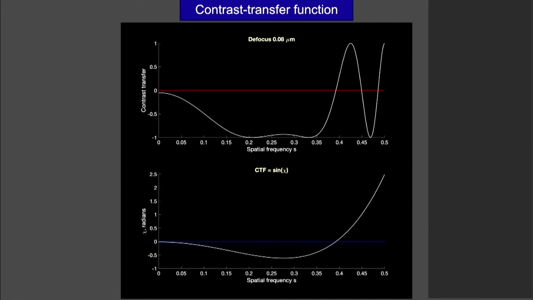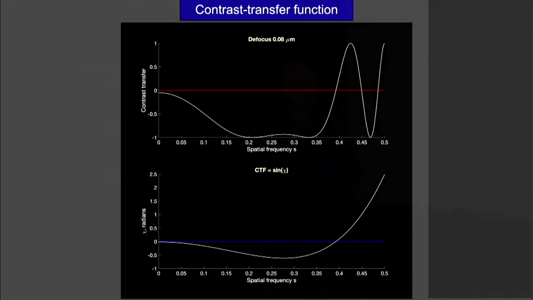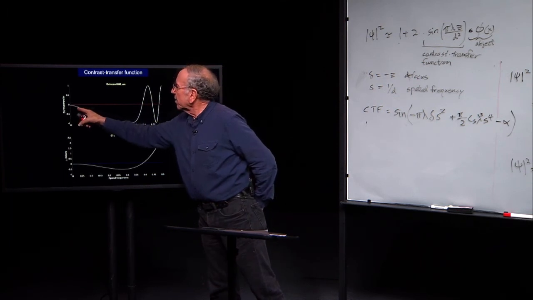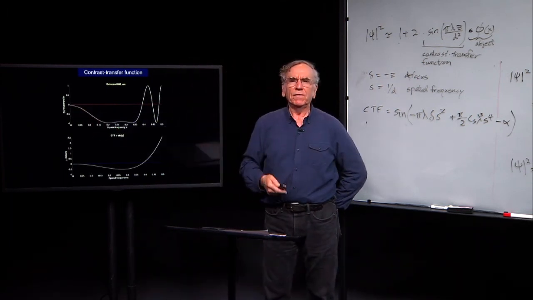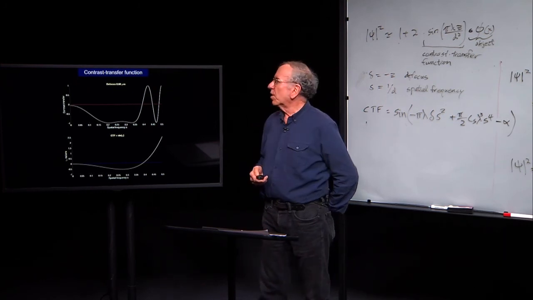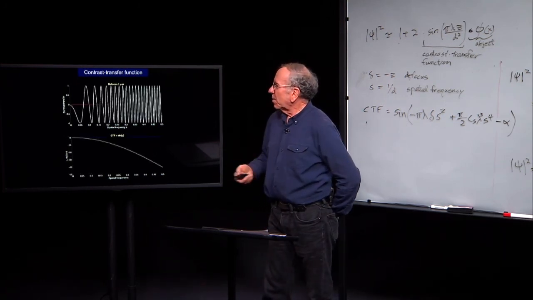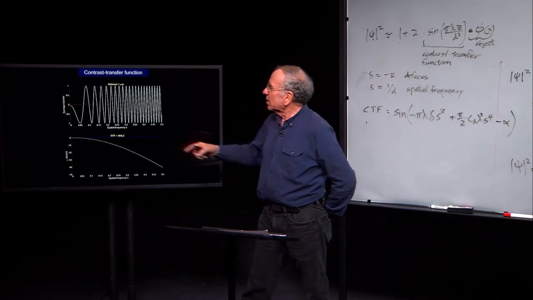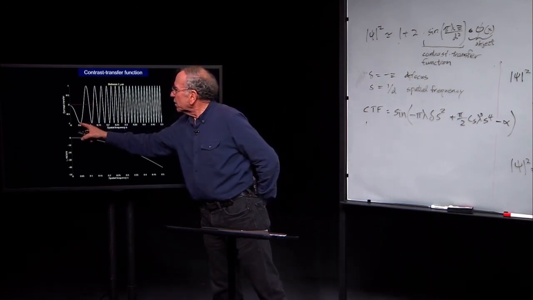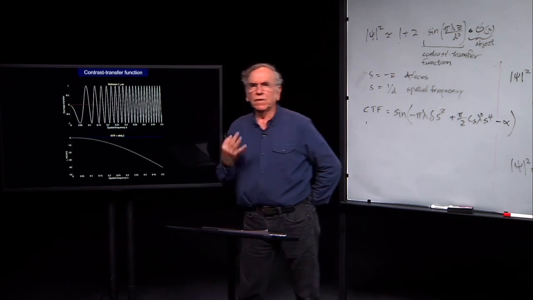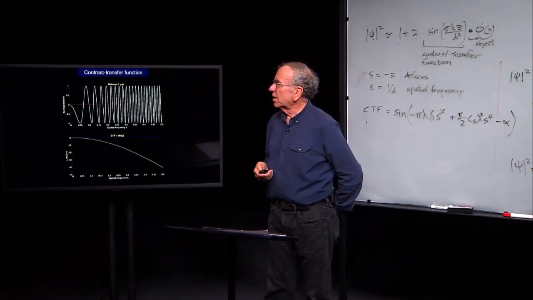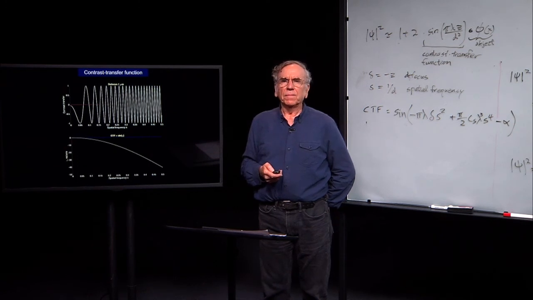But it turns out that we don't like to do this in cryo-EM because the signal here is so small. We would rather defocus the microscope more to get more signal. We'd rather be at somewhere like 1 micron of defocus so that in this spatial frequency range, which is important for recognizing particles, we have a substantial amount of contrast transfer.